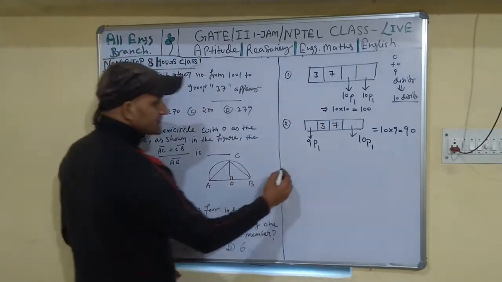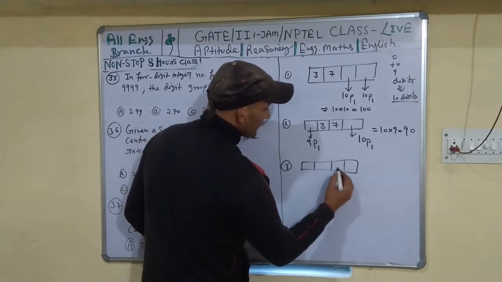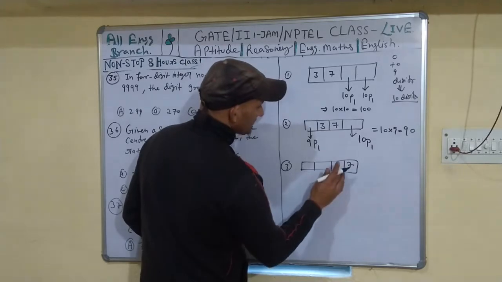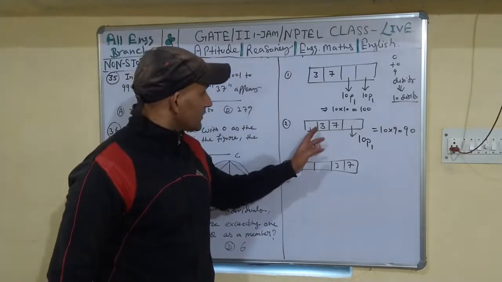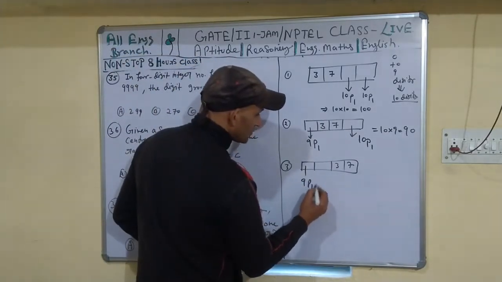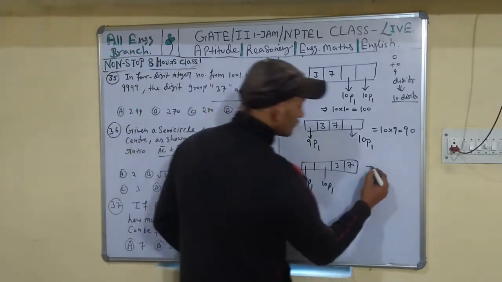Now for the third case, with boxes 1, 2, 3, 4, 37 is in the last two places. You cannot put 0 in the first box, but you can put any value in the other, so that is also 90.